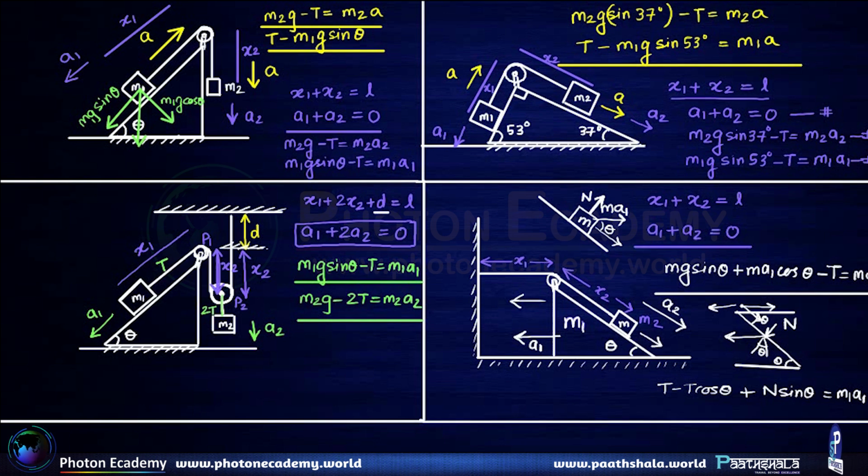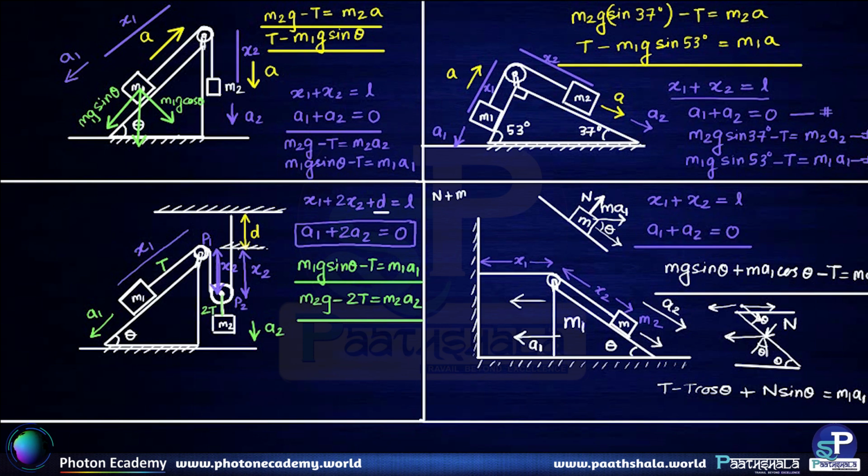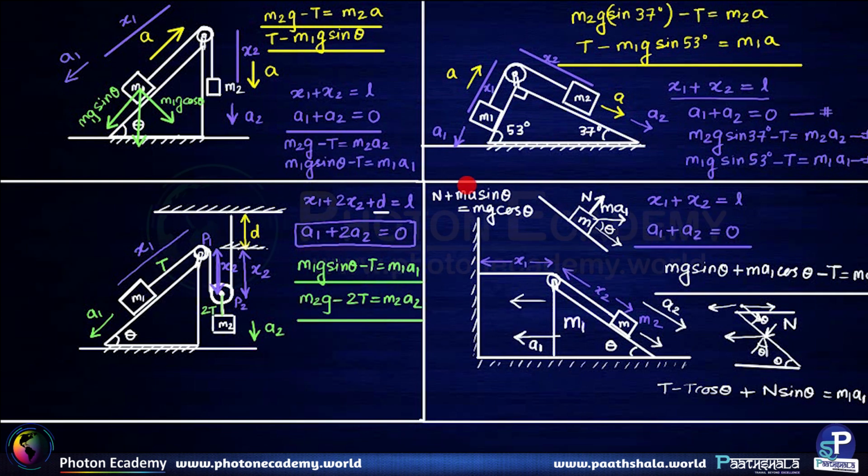So mg cos theta will be balanced out by N plus m a sin theta. So this is the perpendicular direction equation as far as the mass small m that is kept on the movable wedge is concerned.